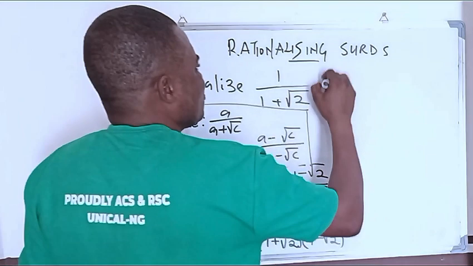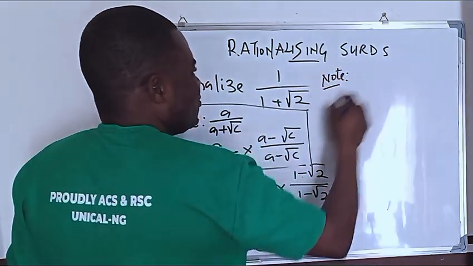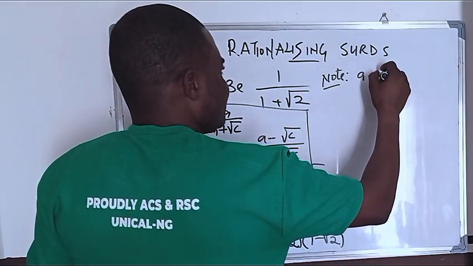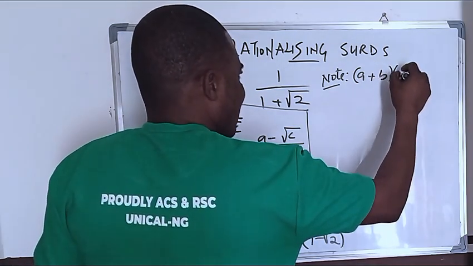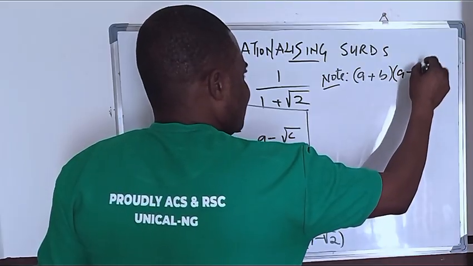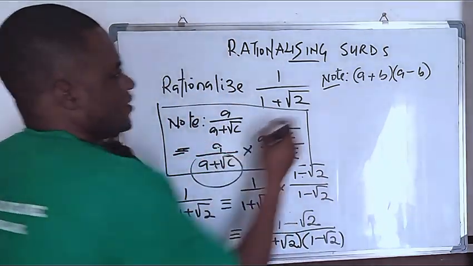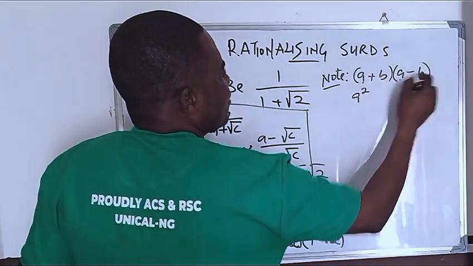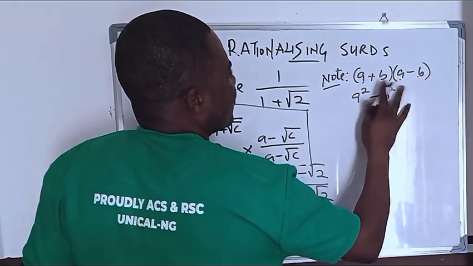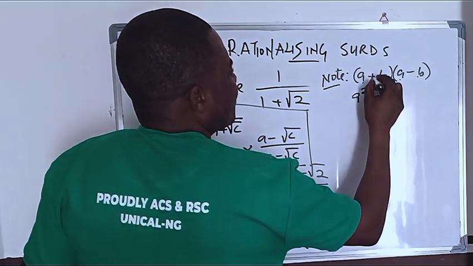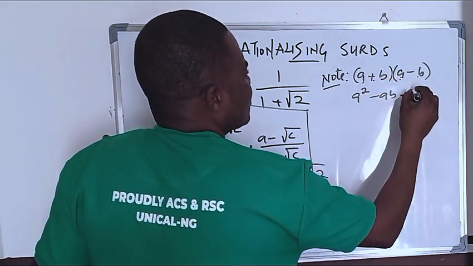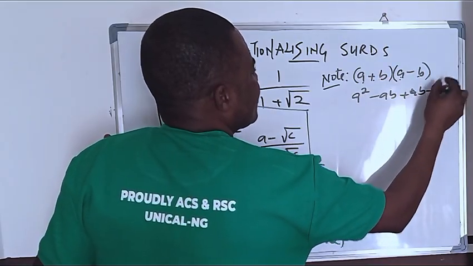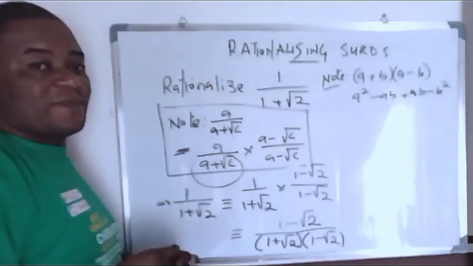Now, I want you to note that where you have a plus b and a minus b, you will say a times a is a squared, a times minus b is minus ab, plus b times a is plus ab, plus b times minus b is minus b squared. That is how you expand.